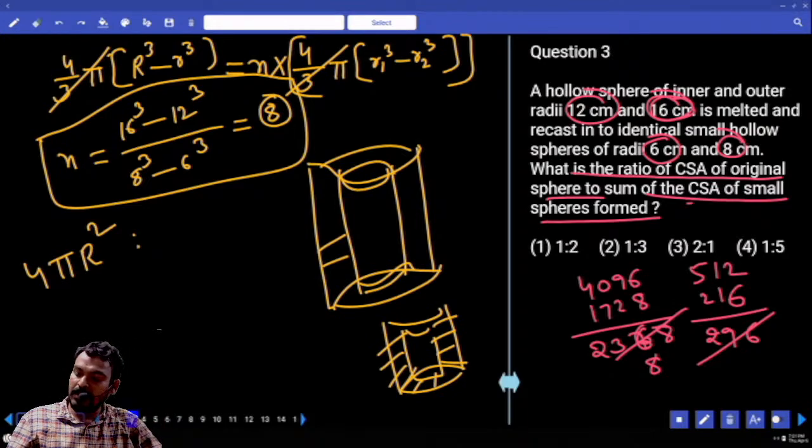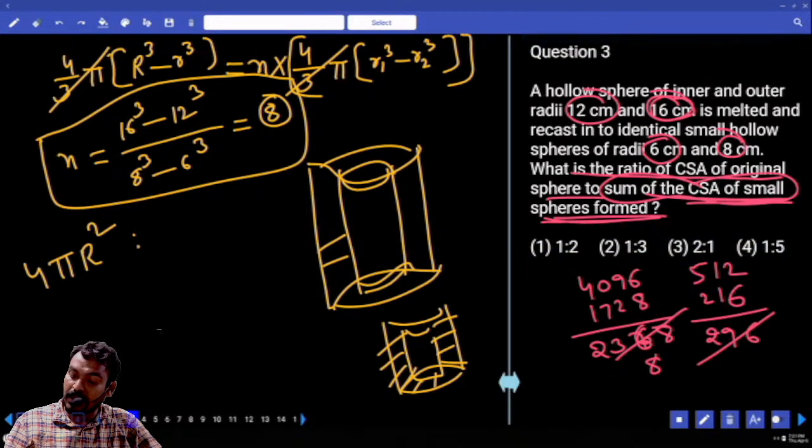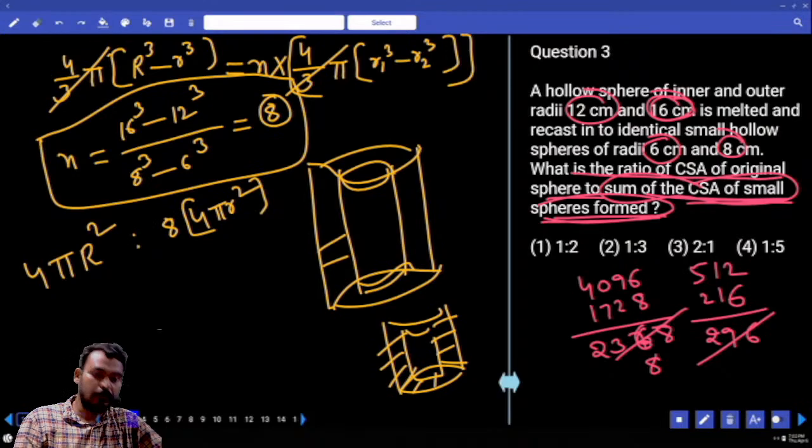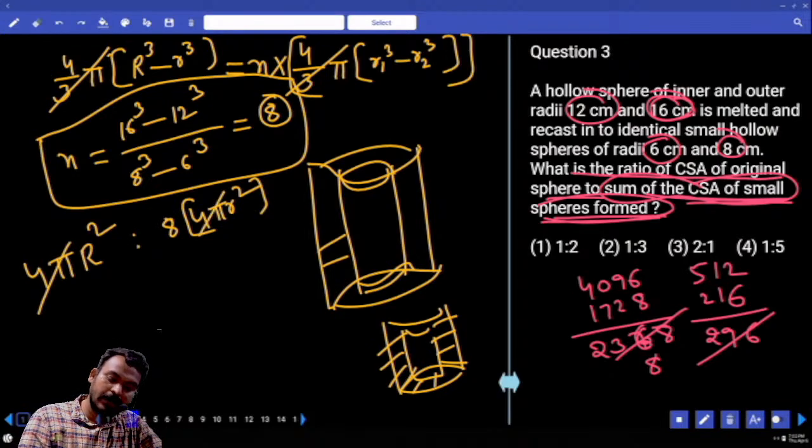Again we require the sum of the curved surface areas of the smaller spheres. Every smaller sphere's curved surface area is 4 pi r square, and here there are 8 smaller spheres. 4 pi cancels. The capital R value is 16, so we write 16 into 16.